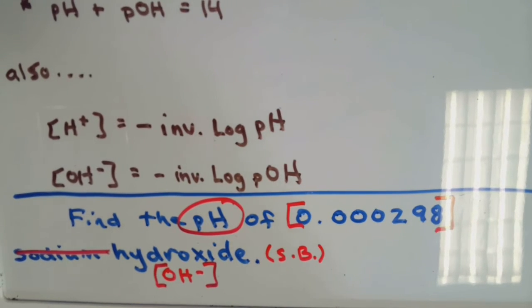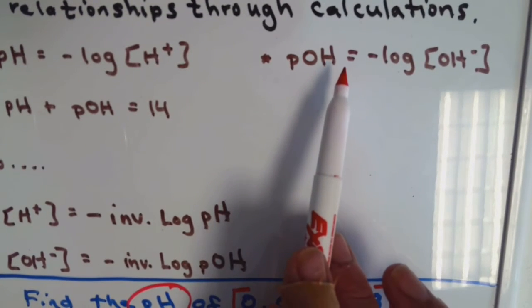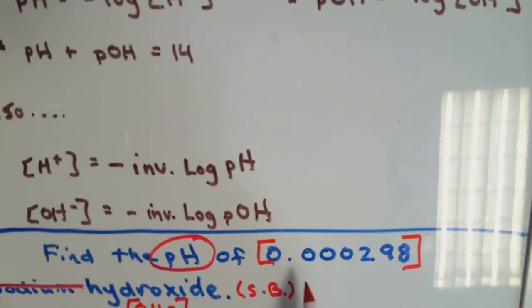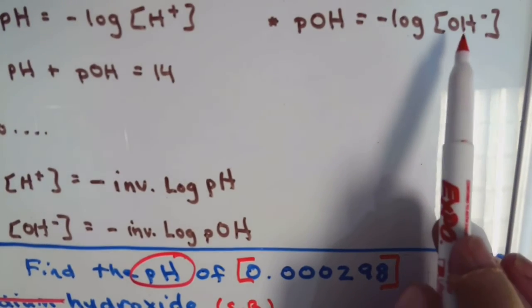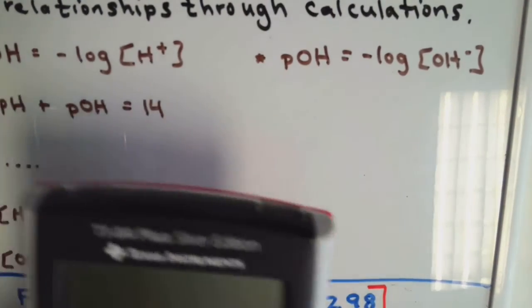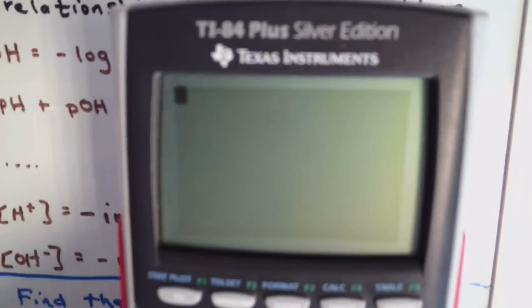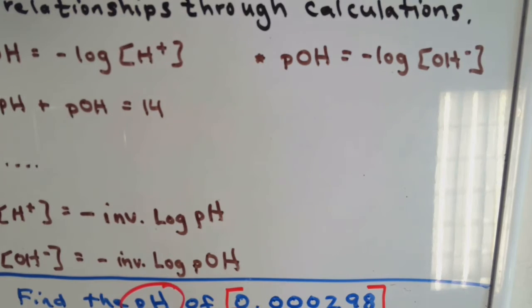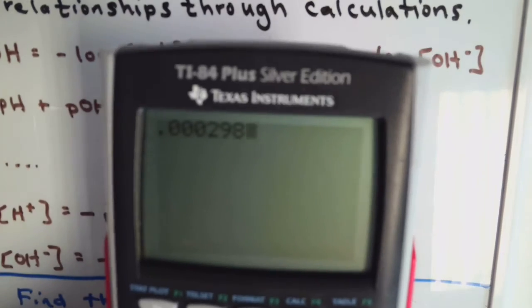Okay. So there's a couple ways to solve this. The first way is you can get your pOH by taking the negative log of this hydroxide concentration. This is probably the easiest way. So you can have your calculator out, and you can put in 0.000298, that's our concentration.